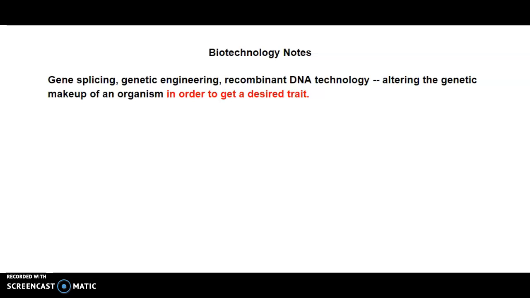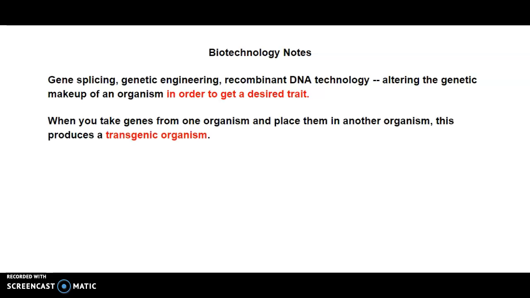Trans means a cross. You're taking a cross from one organism into another organism. So it's a transgenic organism, and it's when you take genes from one organism and put it into a totally different organism. It produces a transgenic organism that has genes from somewhere else.